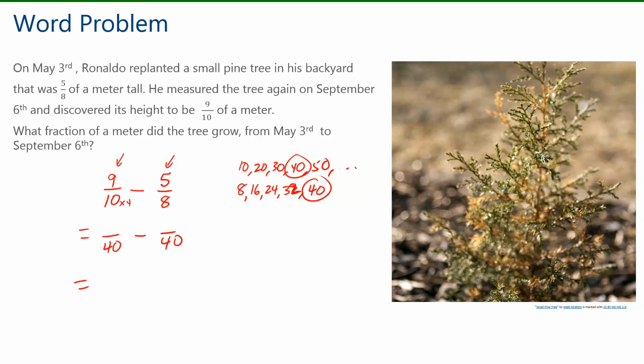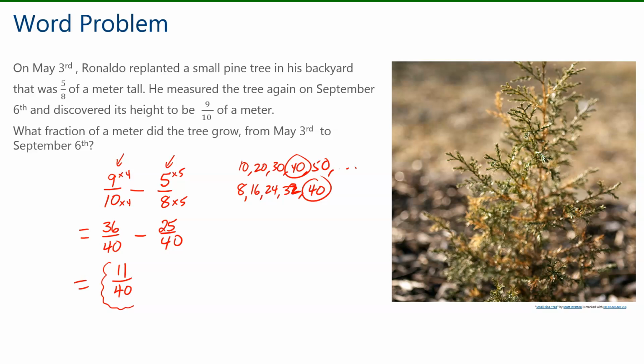So I need to write two equivalent fractions here to be able to subtract. 10 times 4 gives me 40. 9 times 4, 36. 8 times 5 gives me 40. 5 times 5 is 25. If we subtract now, keep that common denominator the same, 36 subtract 25 gives us 11. So the only question left now is, can 11 over 40 reduce?